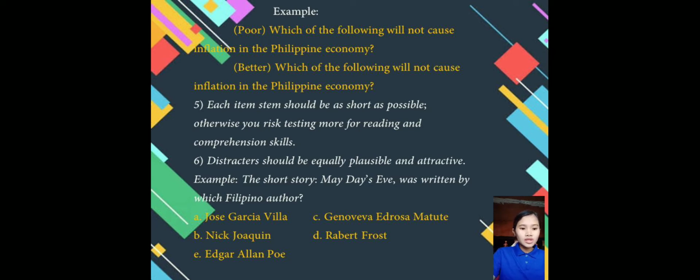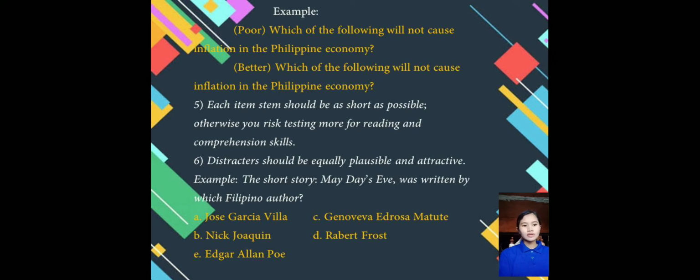Better use: which of the following will cause inflation in the Philippine economy. Fifth guideline. Each item stem should be as short as possible. Otherwise, you risk testing more for reading and comprehension skills.